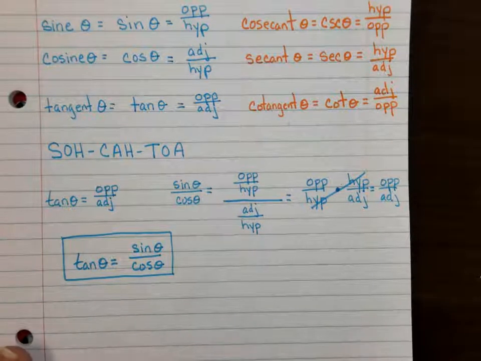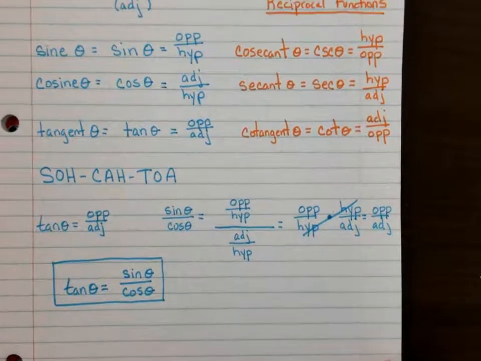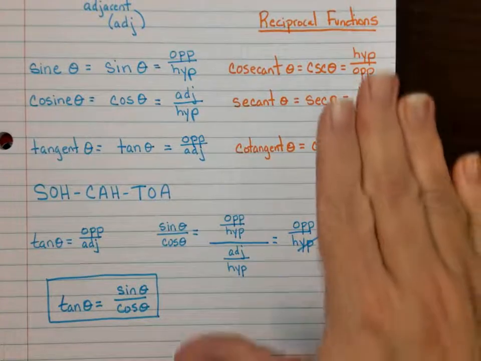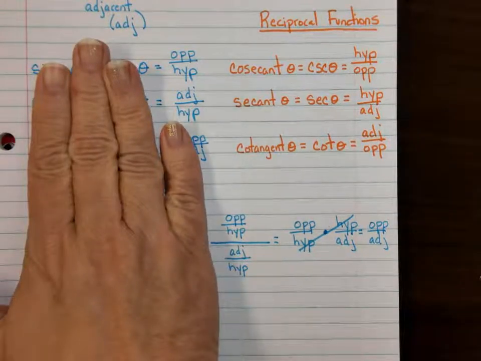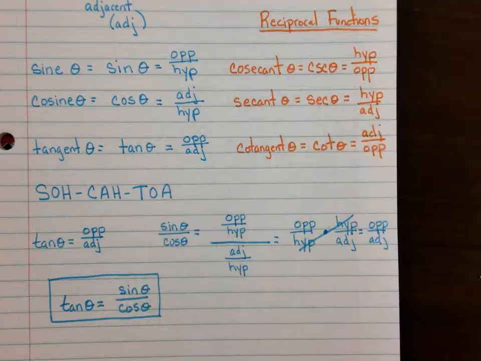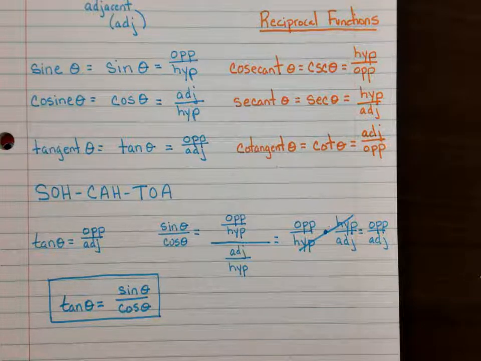Alright, so I'm just kind of weighing in on you. Tell me how your knowledge is with this orange part. Again, you should know this blue part from geometry. I'm hoping everybody feels pretty good about that. This orange part: brand new, totally new, never heard it before, heard it but never did problems with it, or you learned it all already, somewhere, somehow. Tell me where you're at with the orange reciprocal functions.